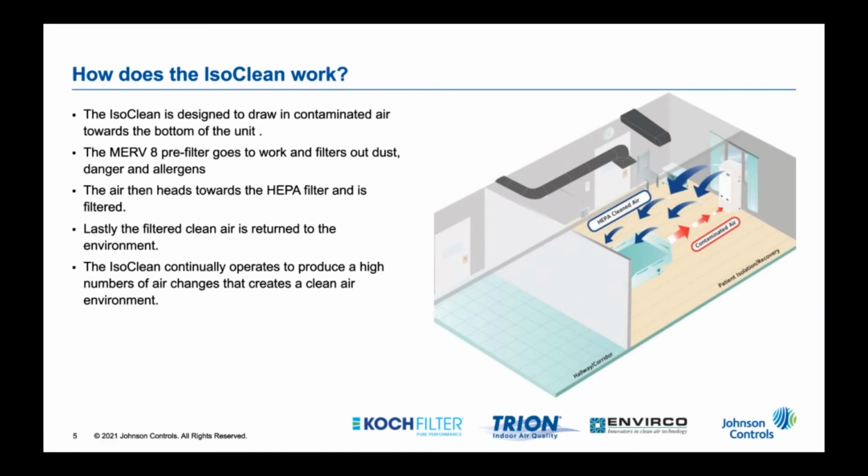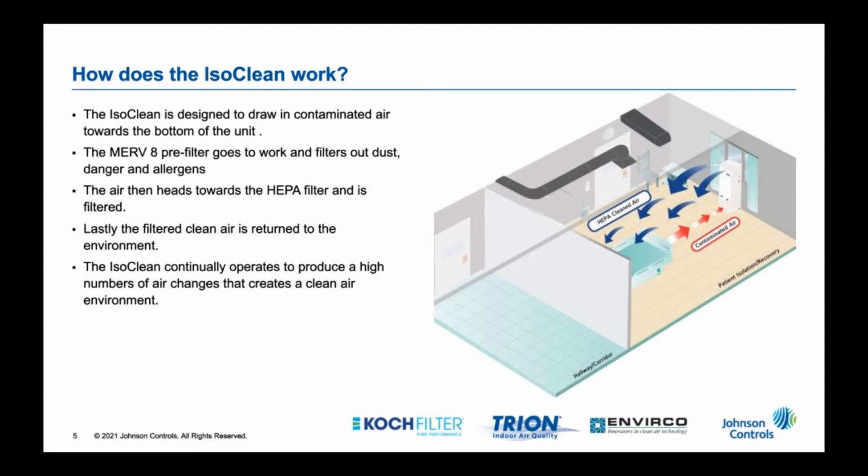So I mentioned healthcare environments. You see this graphic. It's basically a patient room. The IsoClean is designed to bring the contaminated air in down near the floor. That is where most of the contaminants tend to end up because of our friend gravity.